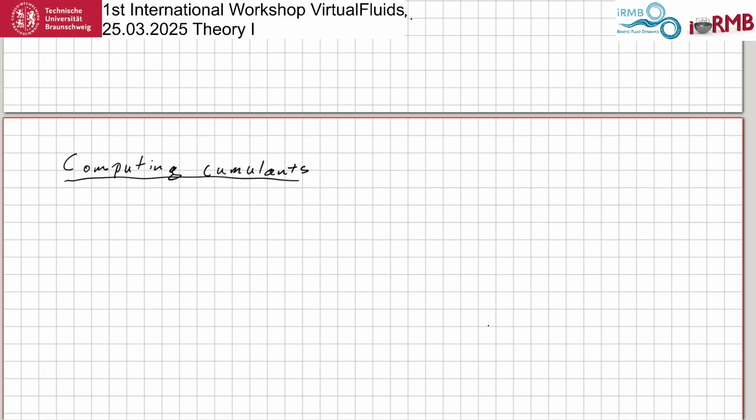So computing cumulants. How does this work? Say we want to compute C001. Then we take the first derivative of zeta in the logarithm of f, and we evaluate this at xi equal to 0. Doing this directly is difficult, but we can apply the chain rule of differentiation.